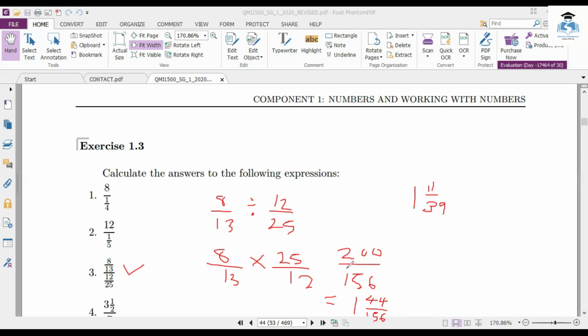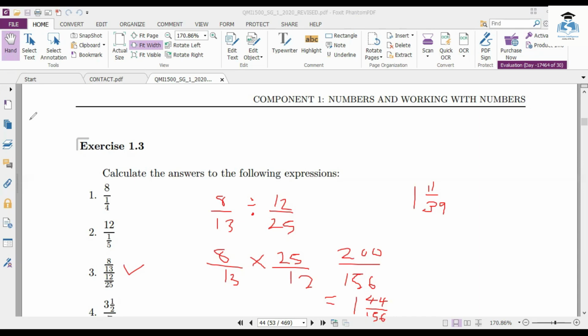So you can even use your calculator just to do this. 200 divided by 156. Then it can give you this. It might be this or that.